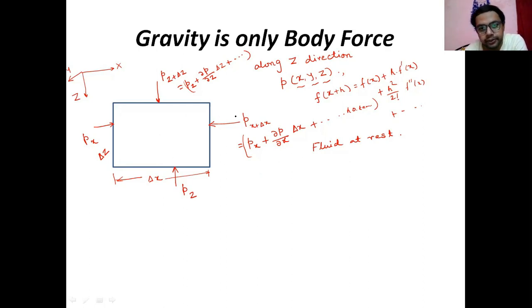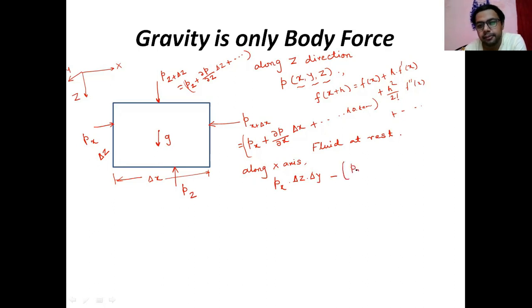Along the x-axis there is no body force, but along the z-axis there is a body force, that is gravity. Considering the x-axis, what forces are acting? The surface force: Px is acting on the positive side. Px is the pressure times the area, which area? Del z, del y. Del y we cannot see, as it is perpendicular to the plane.